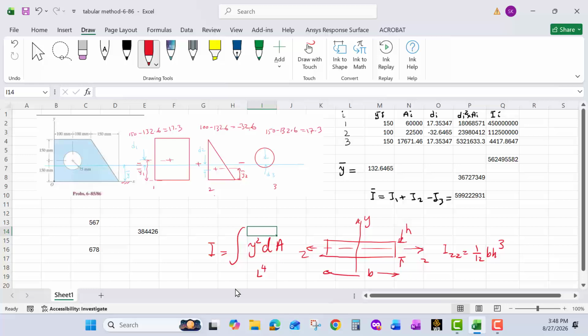So please note how I have laid out these decomposed components. I didn't shift them vertically, simply I have spread them to show how each decomposed section is located with respect to the centroid of the composite shape.